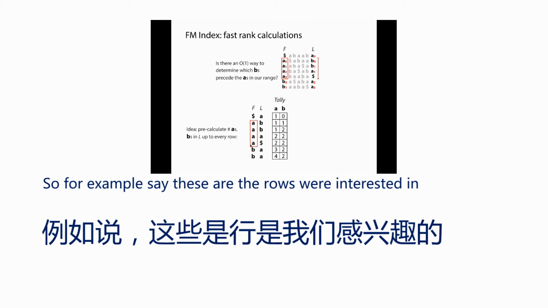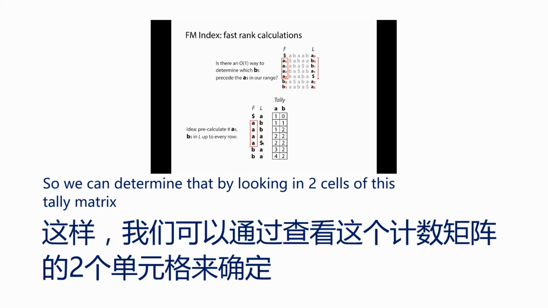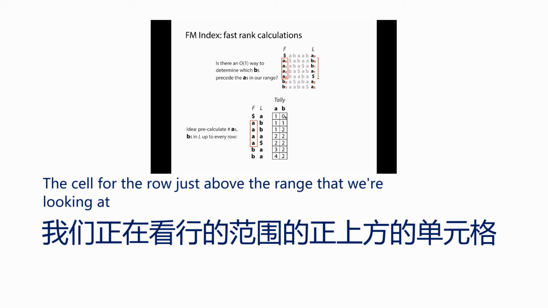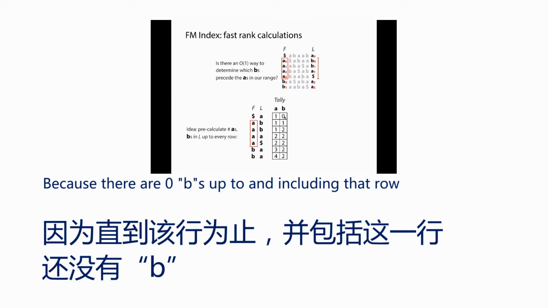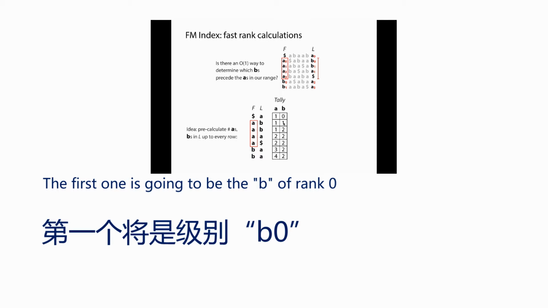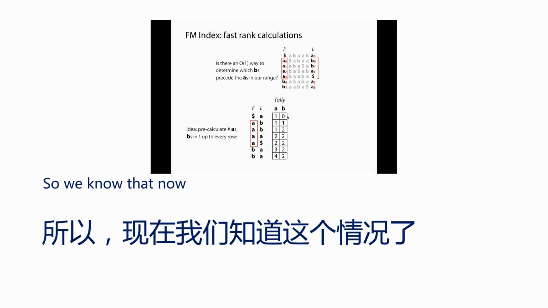So for example, say these are the rows we're interested in. We'd now like to know, are there any B's here, and what are their ranks? So we can determine that by looking in two cells of this tally matrix. First of all, this cell here, the cell for the row just above the range that we're looking at. Because there are 0 B's up to and including that row, what that tells us is if there are any B's down here, the first one's going to be the B of rank 0, because there haven't been any B's up to and including the previous row. So we know that now.